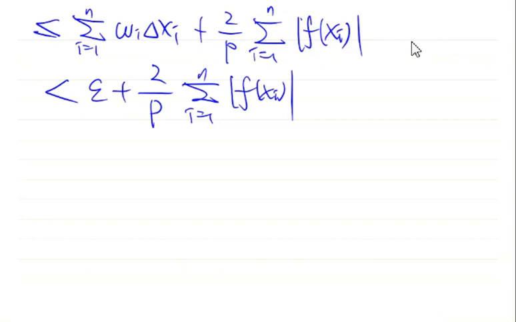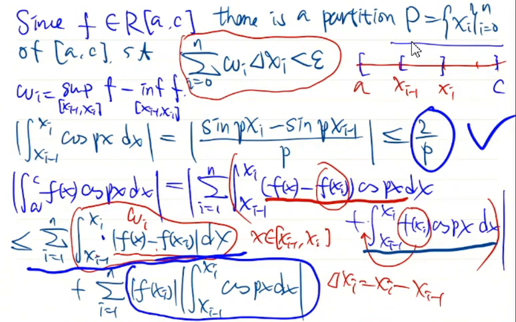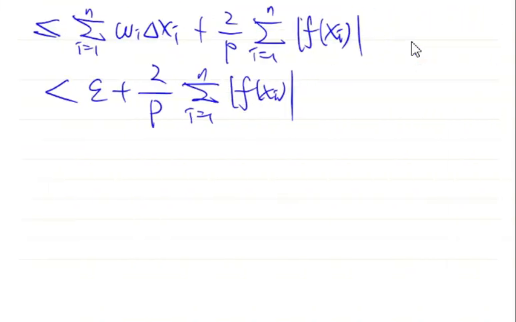But the partition is denoted by capital P, and we have a small p in cosine px, so do not be confused. Our partition P is given. Given epsilon positive, we determine this partition P. So the points x_i, i from 0 to n, are fixed. This is a fixed number.